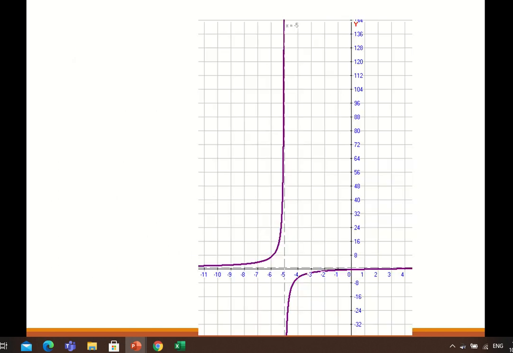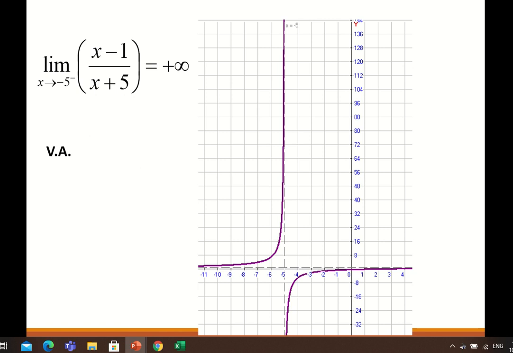So therefore, the vertical asymptote is equal to x equal to minus 5. Alright? So when you graph the function, this is the picture of that function. Okay, so vertical asymptote is minus 5, so this is our minus 5 here, x equal to minus 5. This is our x-axis, and this is our y-axis here.